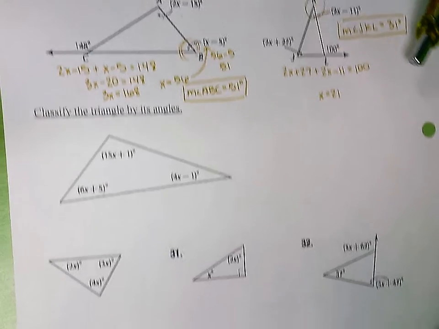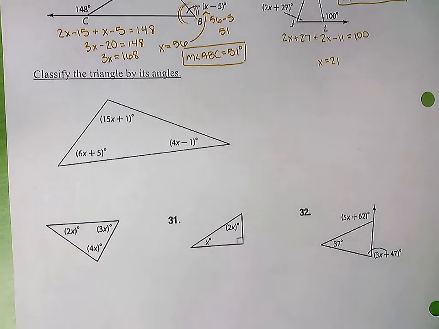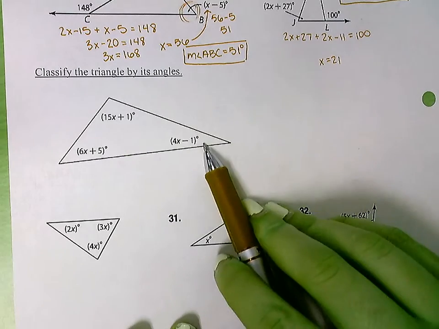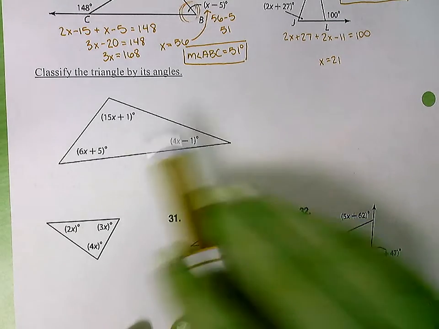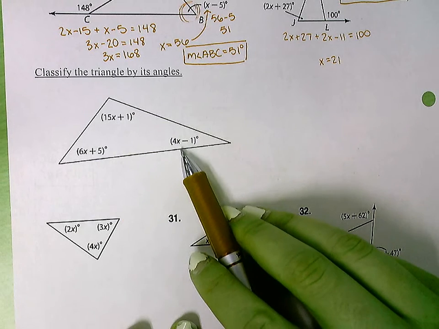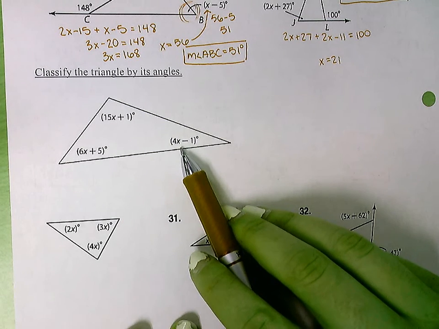Okay, in this next section, we want to classify the triangle by its angles. So first, what I want to do is solve for the angle measures and solve for x. Okay, so for this first triangle, I know all three of my angles have to add to 180. So I'm going to add up all three of those equations and set it equal to 180 so I can find x.